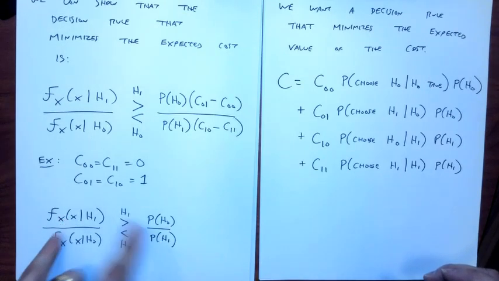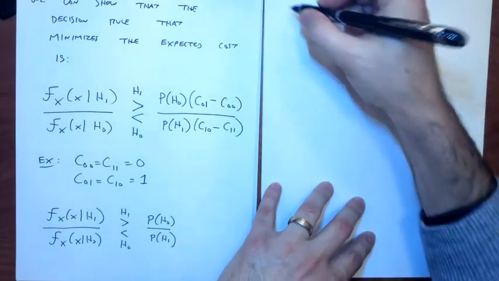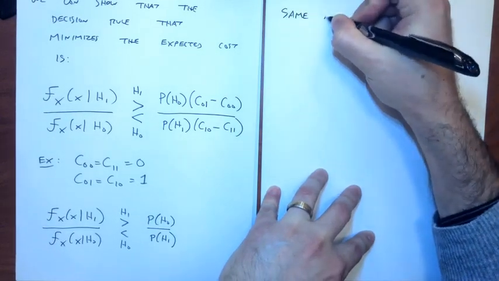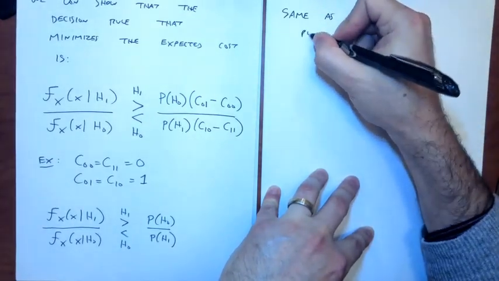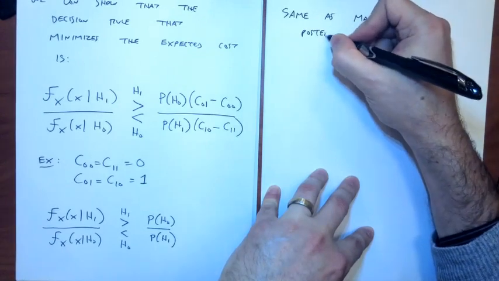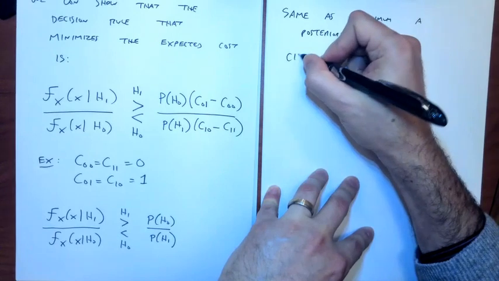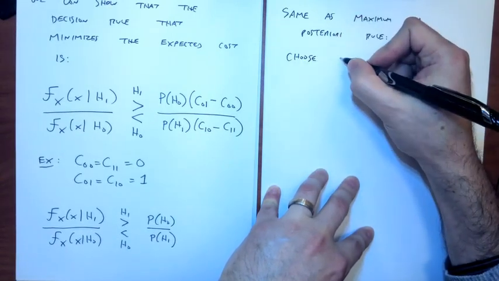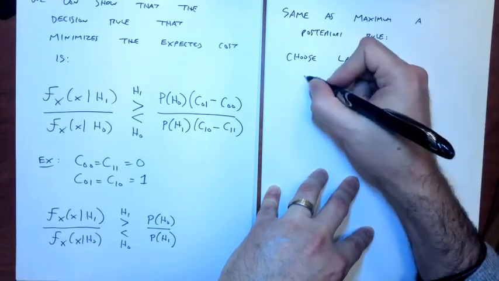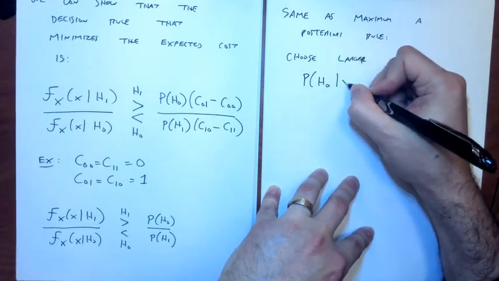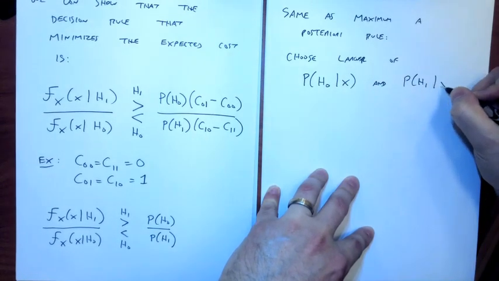And actually, if I were to multiply these things around, this would be the same thing as saying the same as the maximum a posteriori rule, which is to say that I choose the larger of probability of H0 given X and the probability of H1 given X. Right?